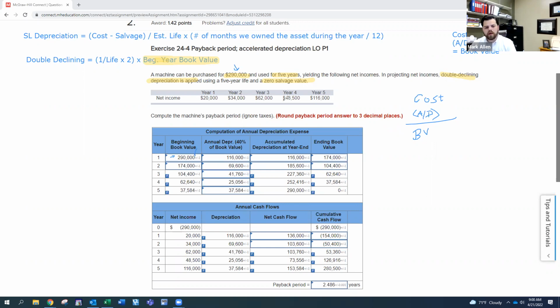Now, what we then need to realize is that we need to get our rate. So in this case, 1 divided by 5 times 2. This is 0.4. That is where this 0.4, or that 40%, comes from. It's coming from this computation right here.